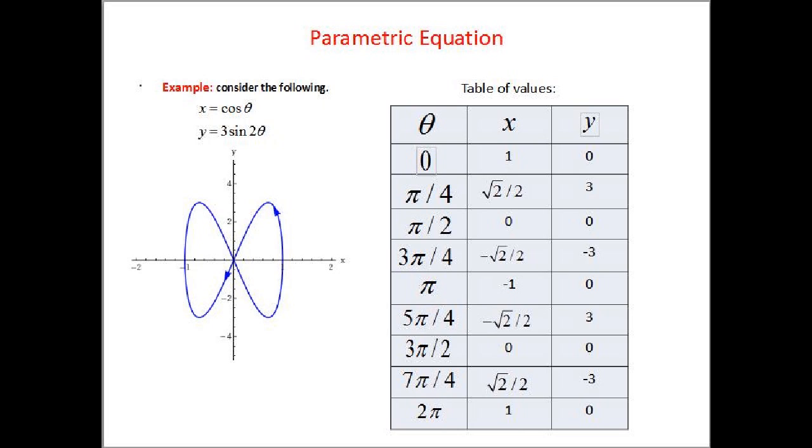And y is equal to 3 times sine of 2 theta, which is 2 times 45. Sine of 90 is 1. So for each increment of pi by 4, sine is 1 times 3, and that is how we graph the parametric equation of x equals cosine theta, y is equal to 3 sine of 2 theta when theta is equal to 45 degrees.